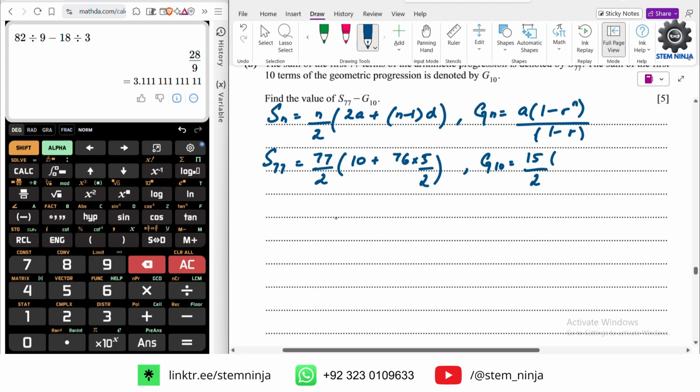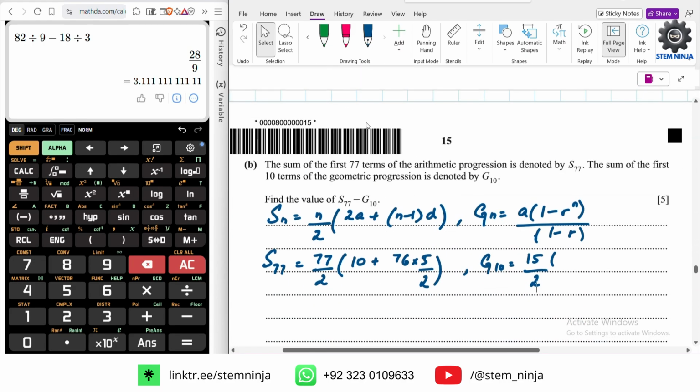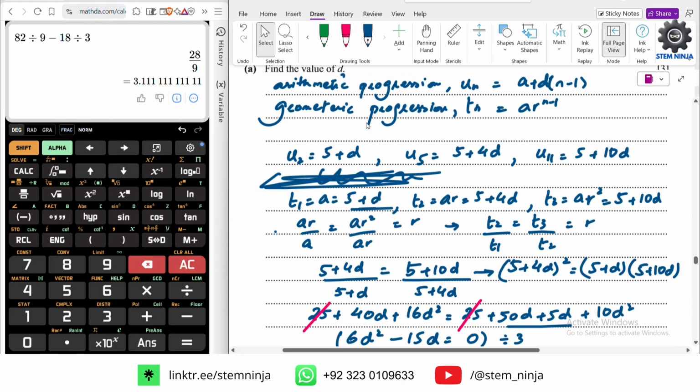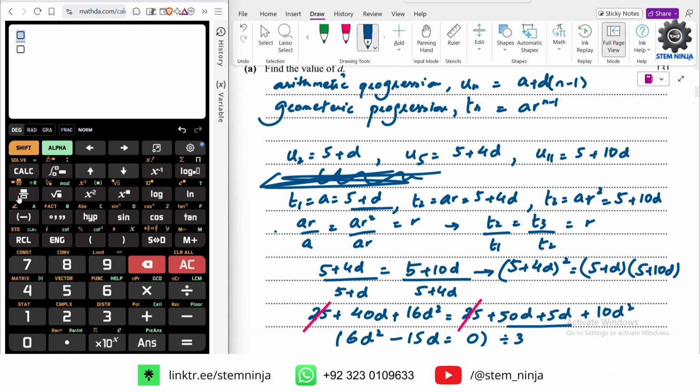And the common ratio, we need to figure out the common ratio r also. So that would be 5 plus 4 times 2.5 divided by 5 plus 2.5.